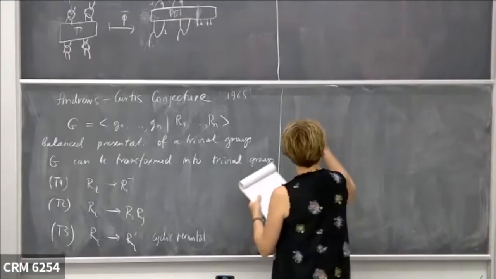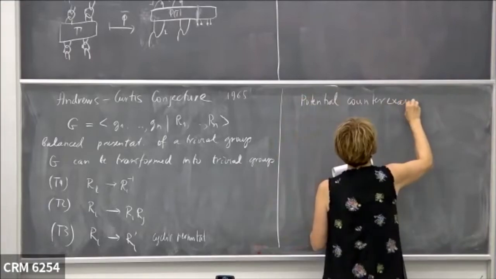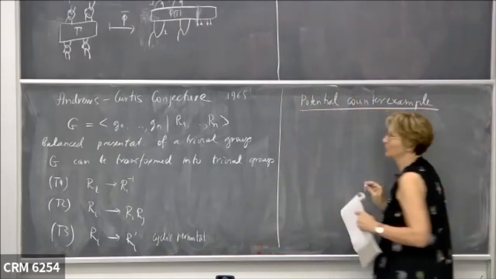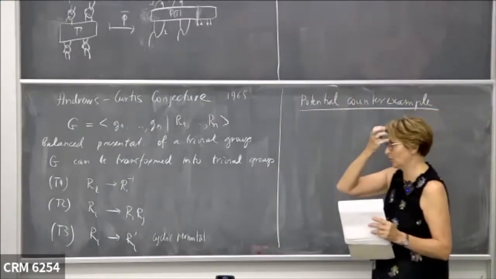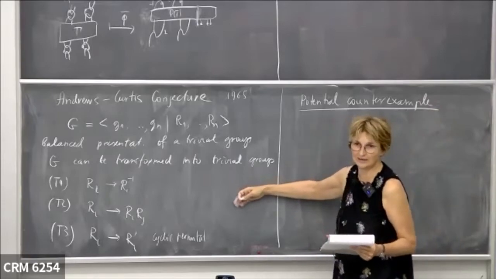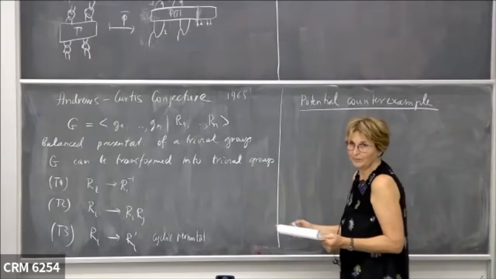And so, potential counterexamples. This is a little bit like before Jones came in quantum topology. In topology, people didn't know what to do with links, and here also people don't know how to treat these things, because a computer cannot.